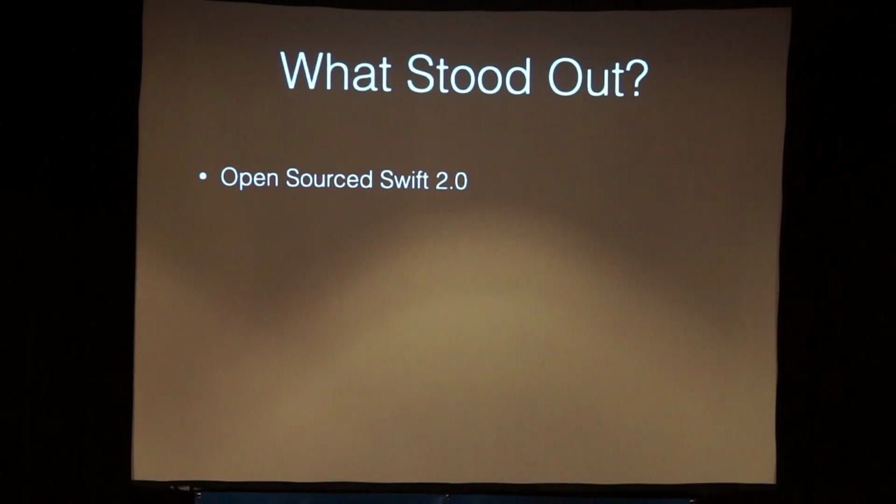The things that they had open sourced was the standard compiler, but the runtime and things of that nature was not actually open sourced. So there was a part of it that was, hey, we open source Swift, which gave them lots of great press, but not everything in Swift 2.0 is going to be open sourced.